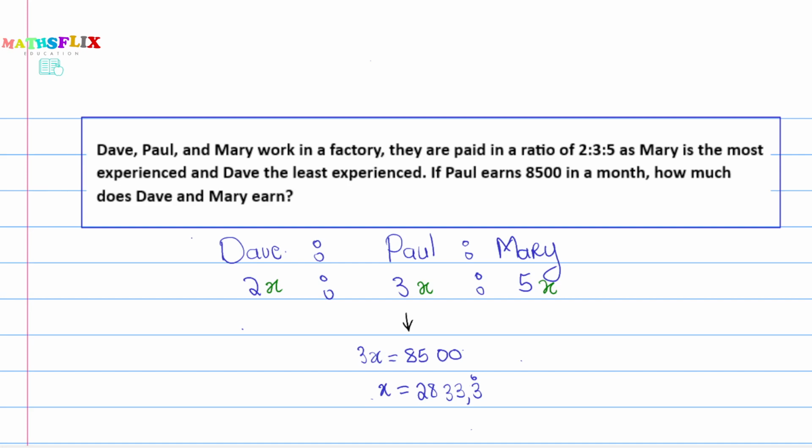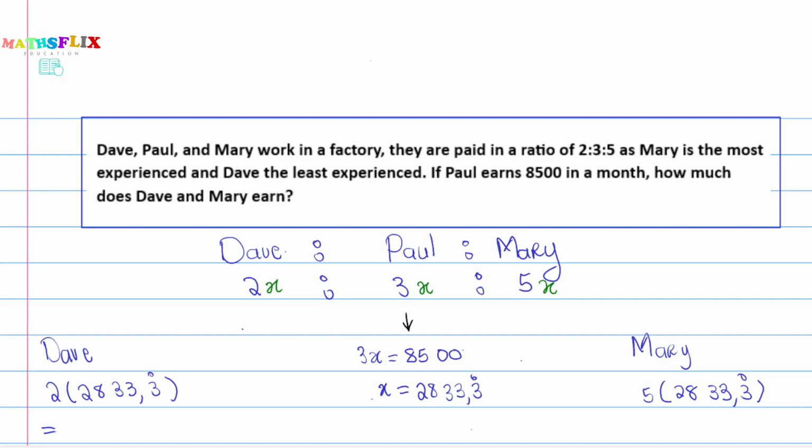And well, Dave, it's just 2 times x. And Mary, we'll say 5 times x. And we all know what our x value is. So simply put that in your calculator.